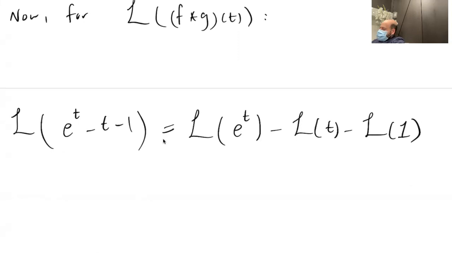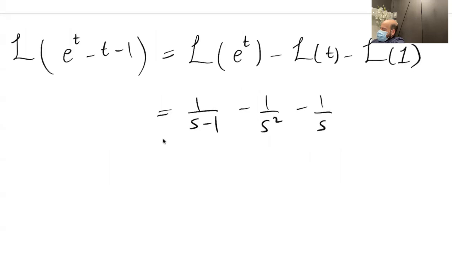Now Laplace transform e to power t, we just said, is 1 over s minus 1, because Laplace transform e to power at is 1 over s minus a. Laplace transform t, we know it's 1 over s squared from the table, and Laplace transform 1, we know it's 1 over s, again from the table.